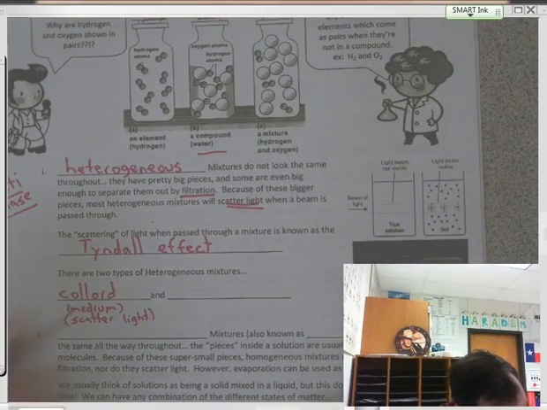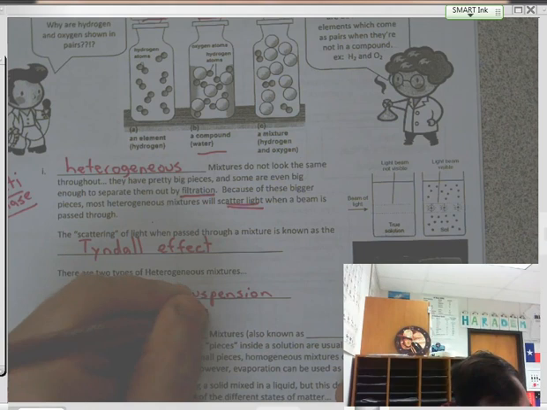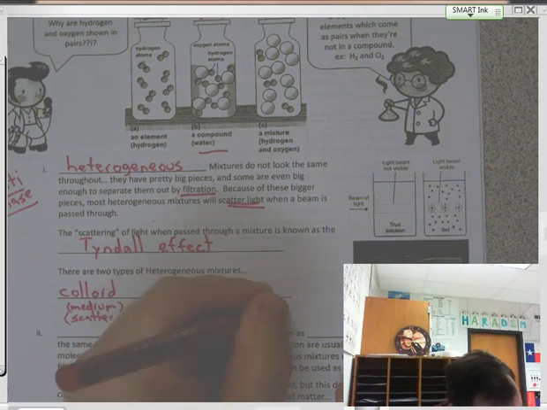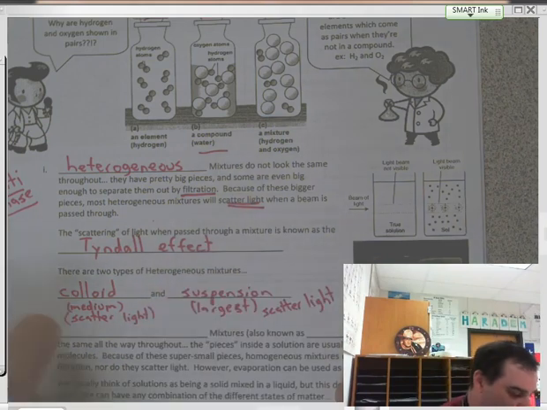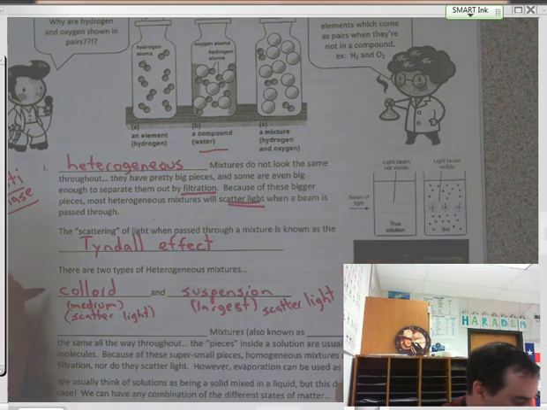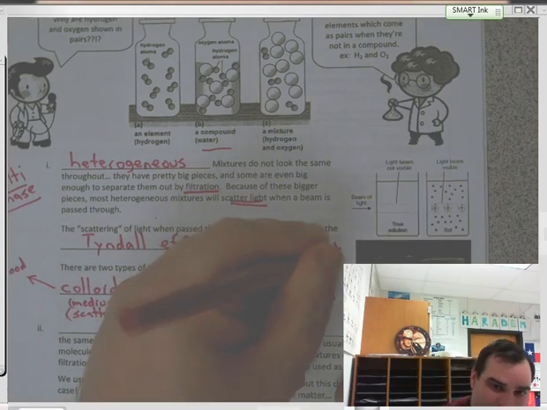And suspensions have the largest particles, which separate based off of gravity. These will also scatter light when it hits the particles. So both colloids and suspensions have the Tyndall effect. Okay? Remember, an example of a colloid here would be like blood, and the example of a suspension here would be vomit. Okay?